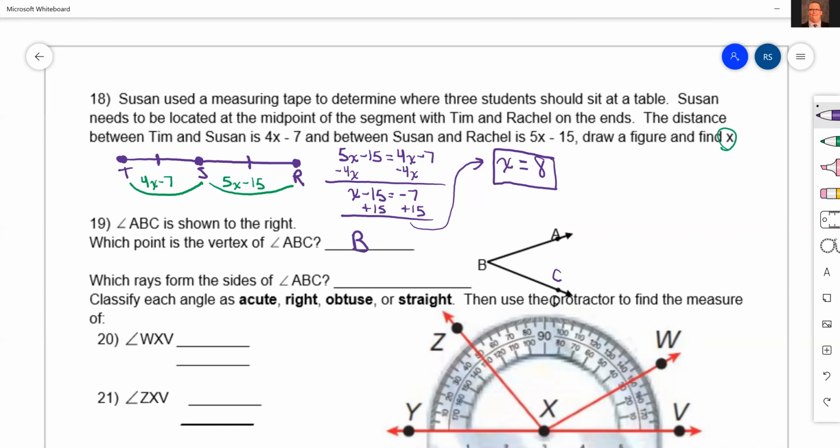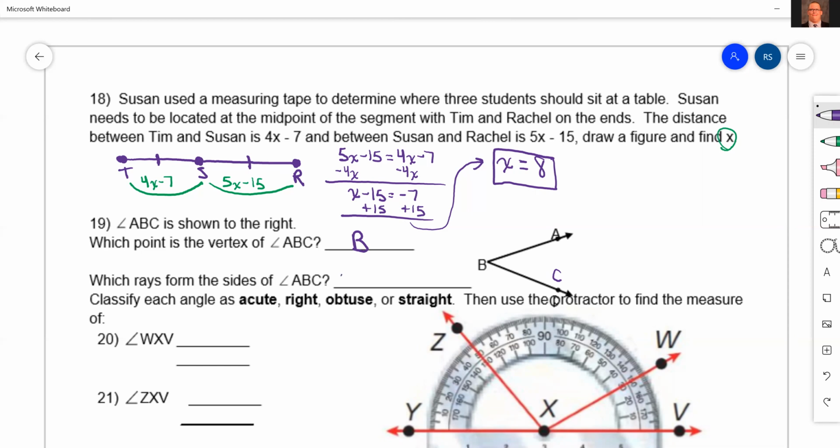Which rays form the sides of angle ABC? Remember, rays have a starting point. So we have to start at the vertex. Each time, start at the vertex.